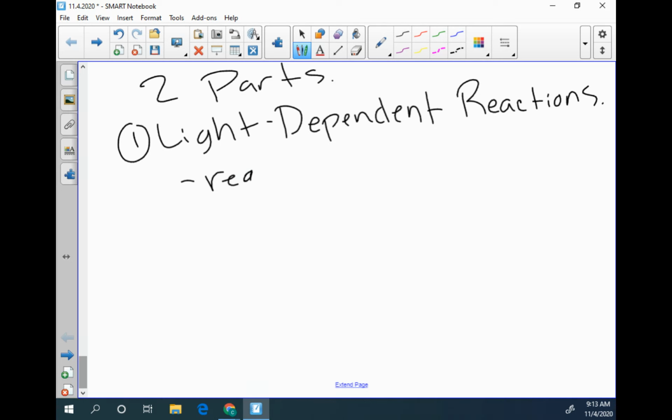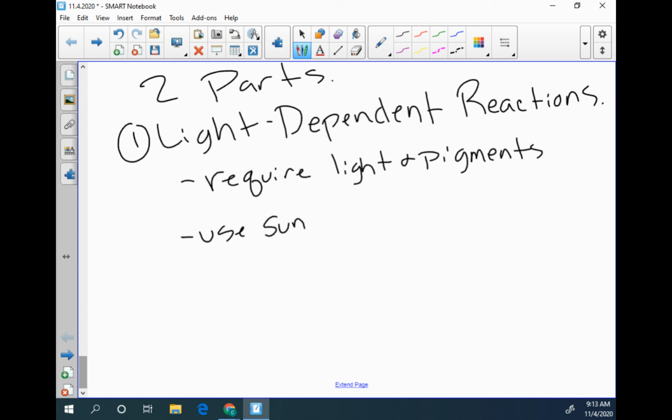They require light and pigments, because we have to have something that can absorb that light. They use sunlight to make ATP and NADPH. Talked about ATP yesterday.